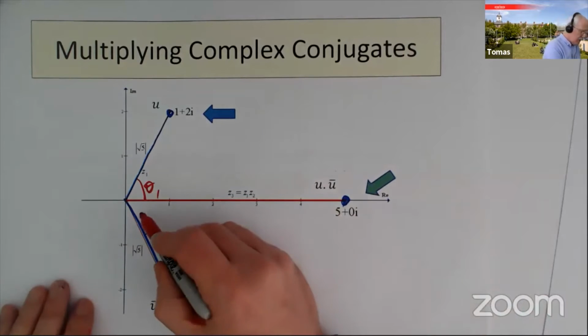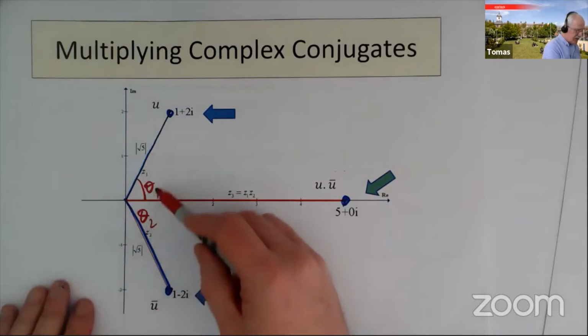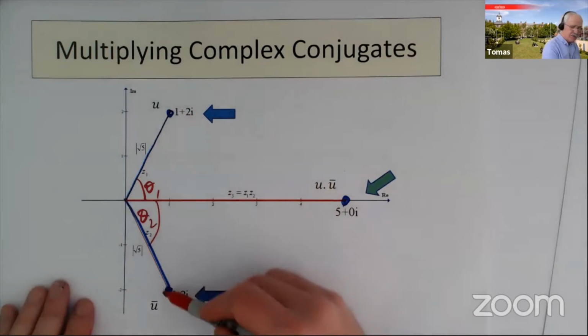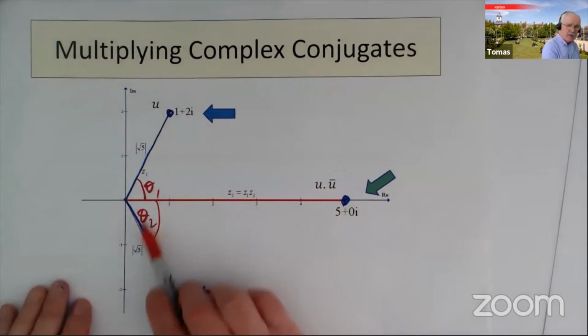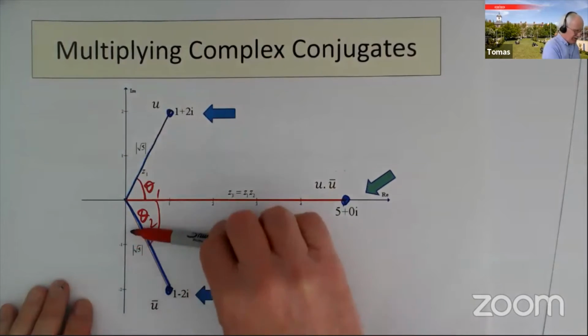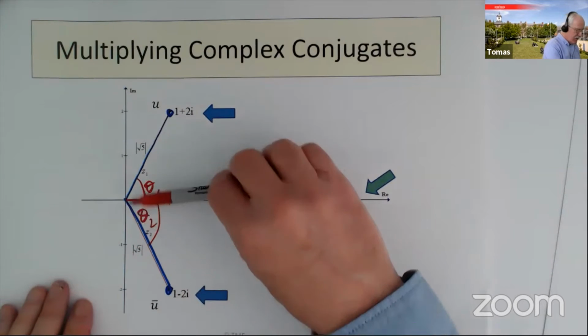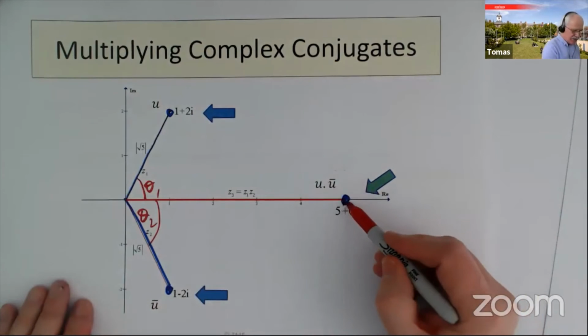And if you think about it, this is a slide from when we were doing complex conjugates. The twin is on the other side, and you'd sort of expect that angle to be the same, because whatever height it is, it's whatever height. So that'll be minus theta 1 really. It's just a different, same size. And if you multiply one by the other, you're multiplying it this way a bit, but it's already on the bottom. So all of that angle is made up and the answer ends up here.